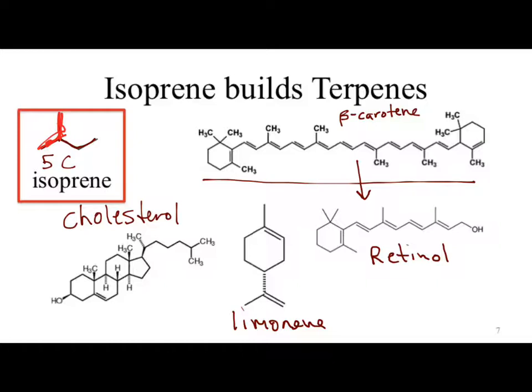So if we go to limonene, where I think it's easier, and I'm probably not going to attempt the others because I think I'll fail. It's supposed to have 5 carbons in it. We've got 1, 2, 3, 4, there's our 5th carbon. So there's one isoprene unit. There's the other. Limonene has 2 isoprene units.